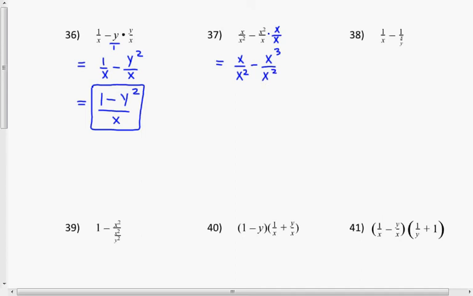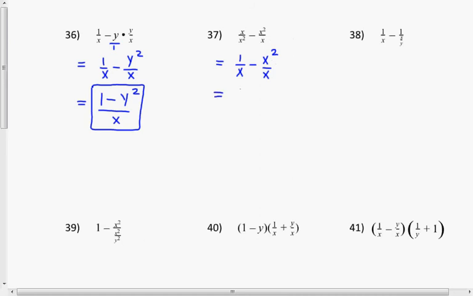And probably would be easier right from the get-go to just reduce x over x squared to 1 over x minus x squared over x. That also can reduce, but I'll leave that one. That way we have fractions with a common denominator.